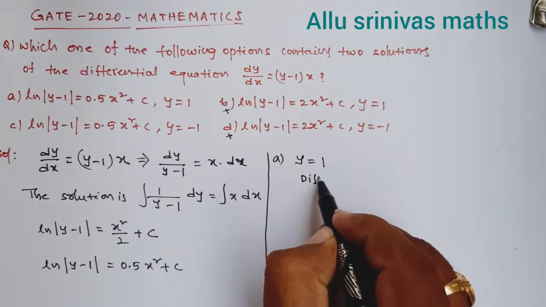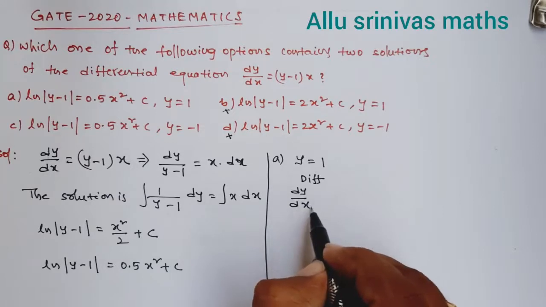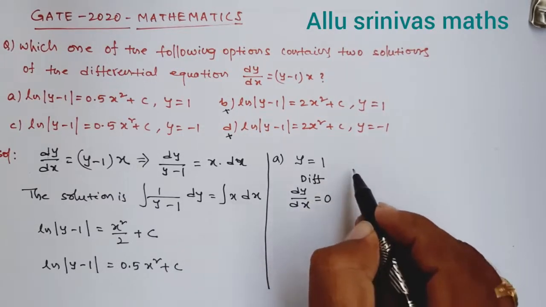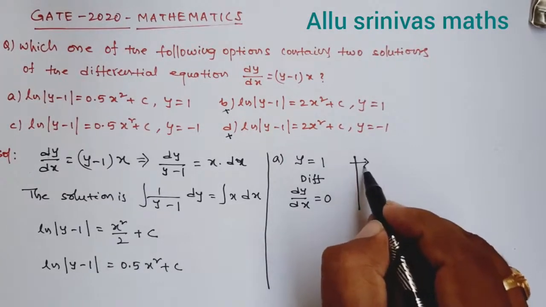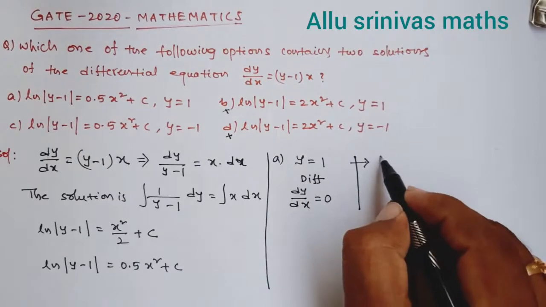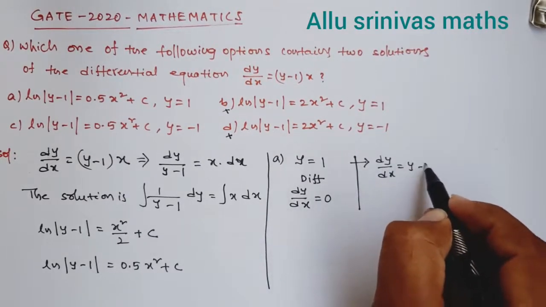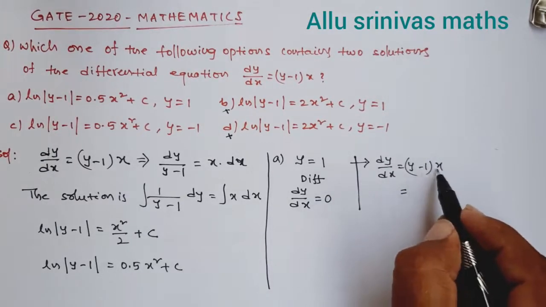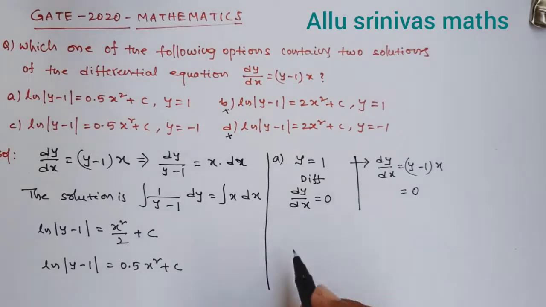Differentiate with respect to x, so dy/dx equals 0, since the derivative of a constant is 0. Substitute y = 1 in the given differential equation (y - 1)x: 1 minus 1 is 0. So next check option C.